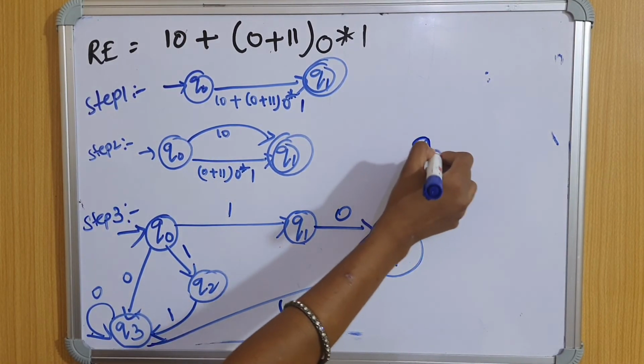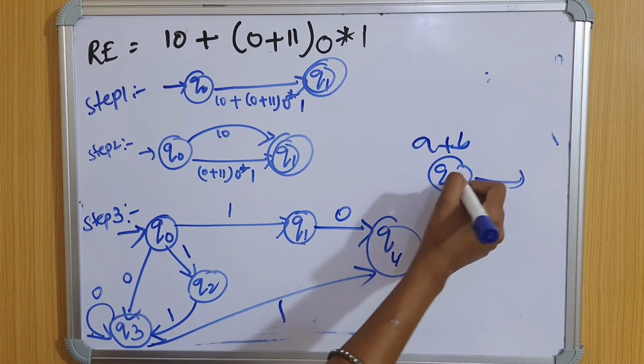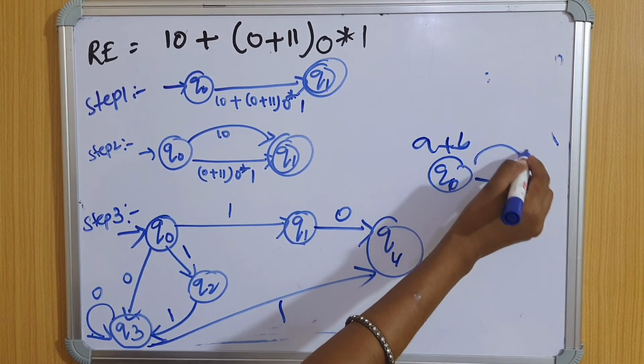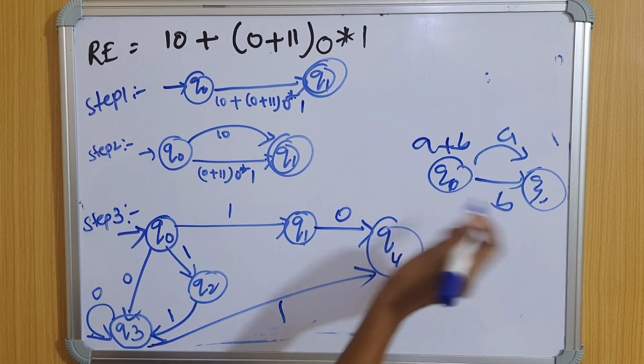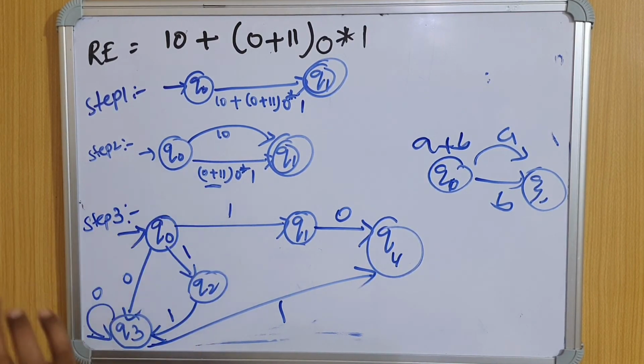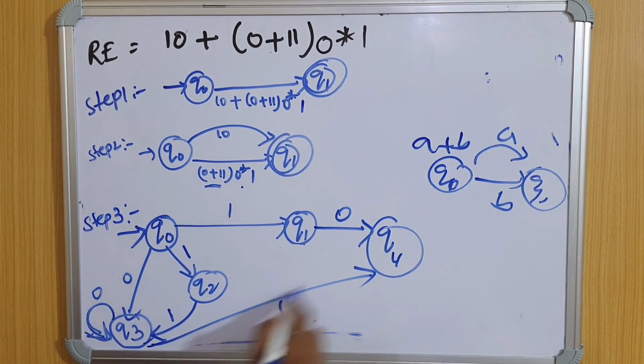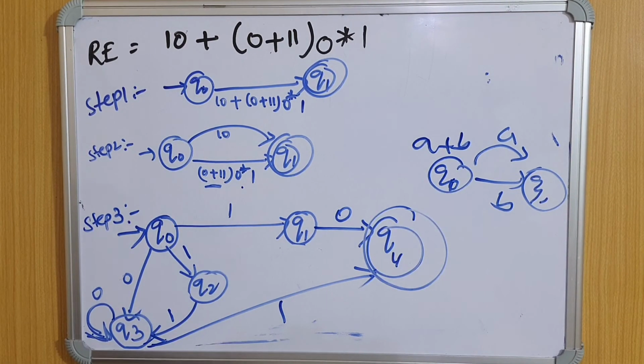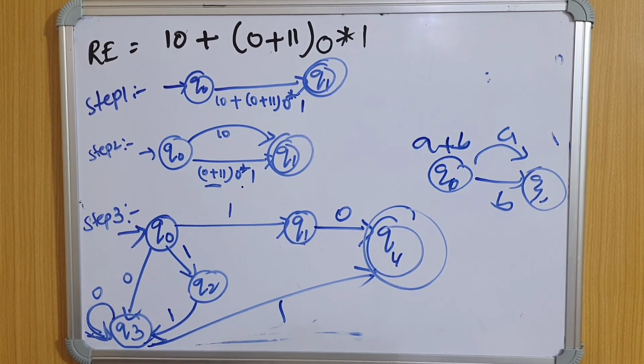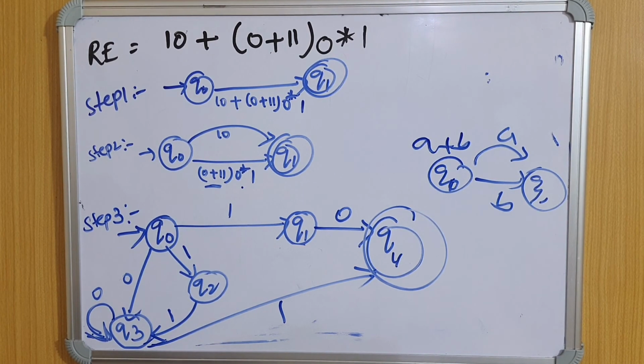We have discussed that A plus B means from Q0 to Q1, this is A, this is B, like that 0 and 11. Next 0* is a self loop, and again 1 means it will go to the final state. First we write it allowing epsilon moves, then we remove the epsilon moves, and finally we get our needed deterministic finite automaton. Okay, thank you.